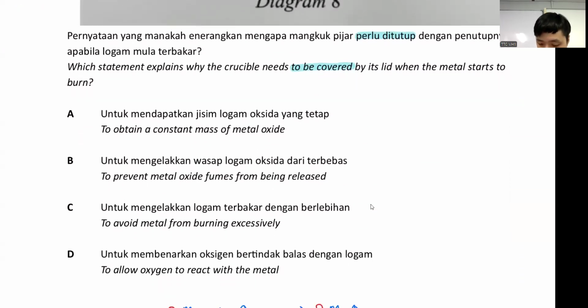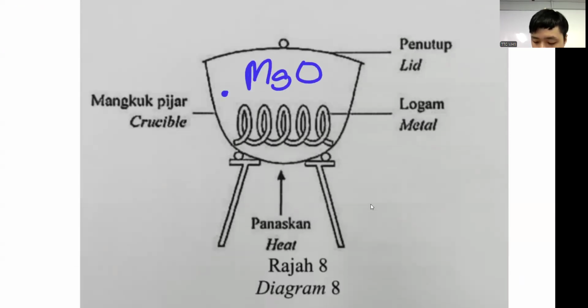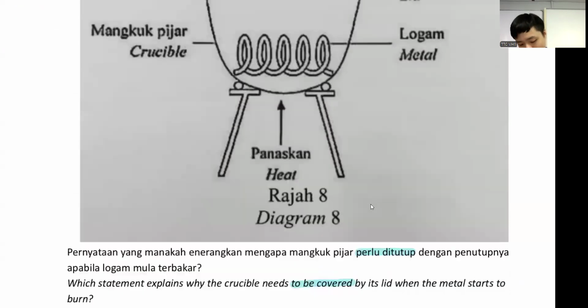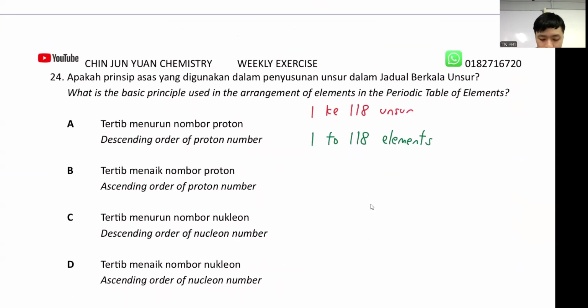So the answer is B, prevent white film. The white film is the metal oxide, MgO. If you open the lid, GG, your experiment failed.